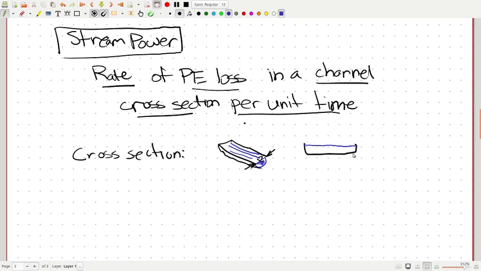And so this is going to be a cross-section of a river channel. And it exists in a very, very thin layer in the downstream direction. I'm just going to call this delta x, the width of this cross-section. And you can also think of it, if you prefer calculus, as dx.